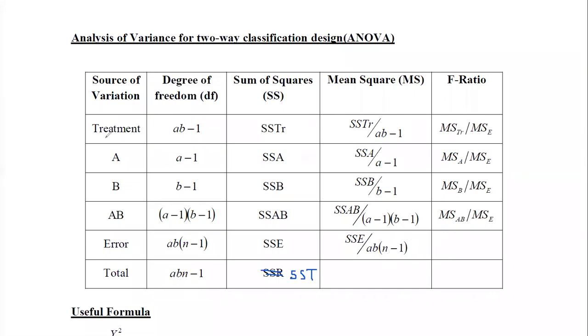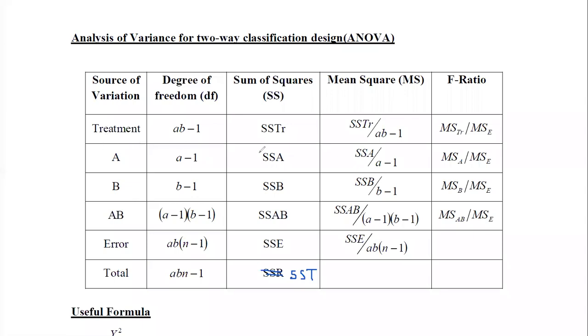Therefore, the F ratio for treatment would be mean square of treatment divided by the mean square error. Likewise, you can simply obtain the F ratio values. And the next important thing is, I told you this A, B and interaction is just the elaboration of treatment.